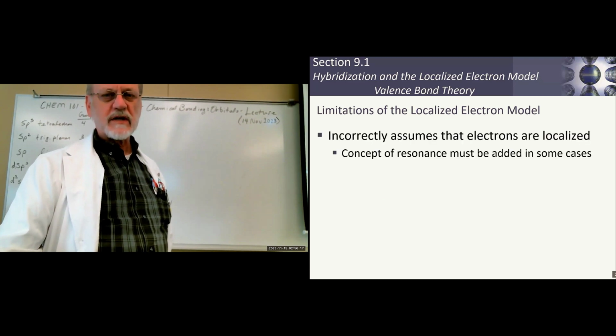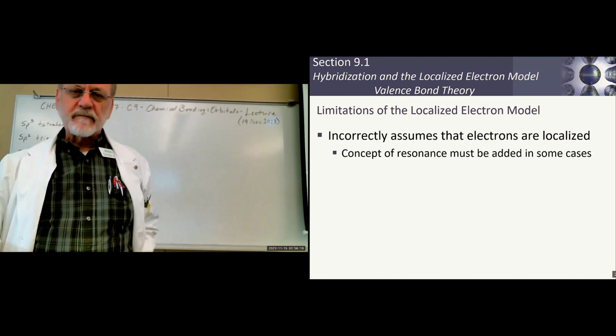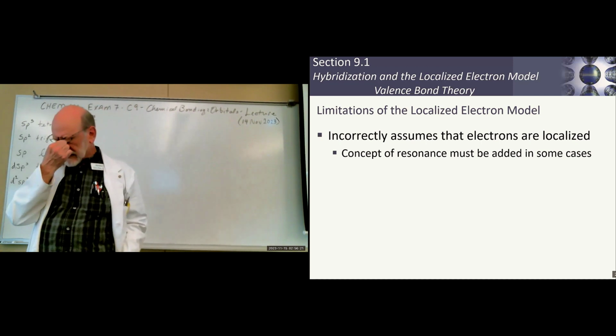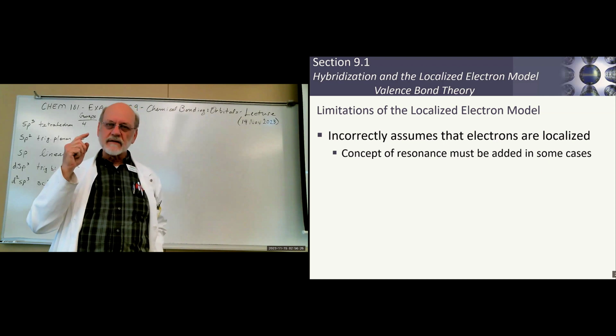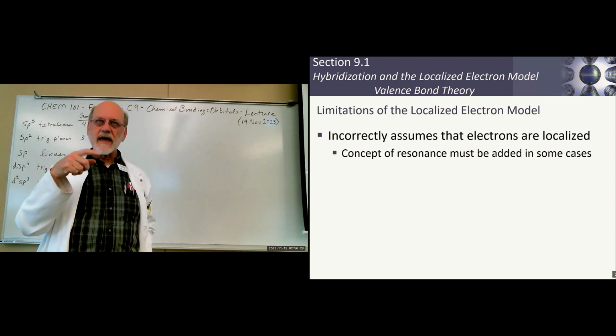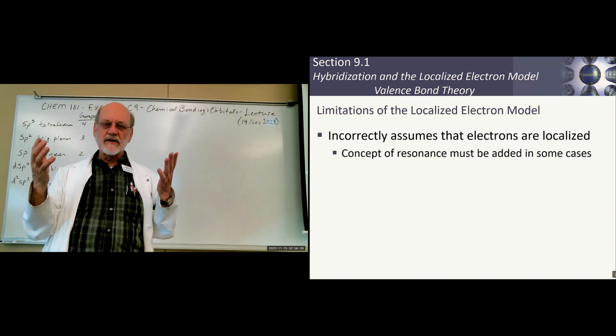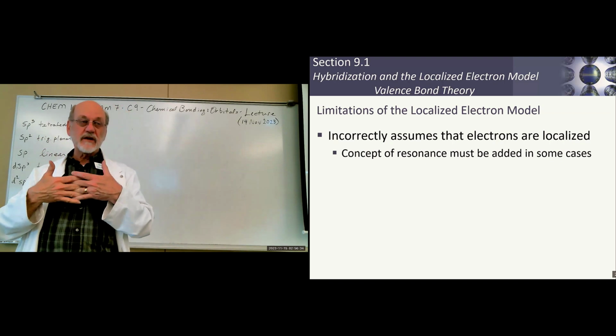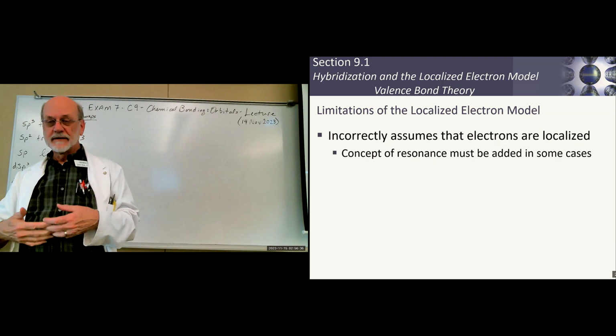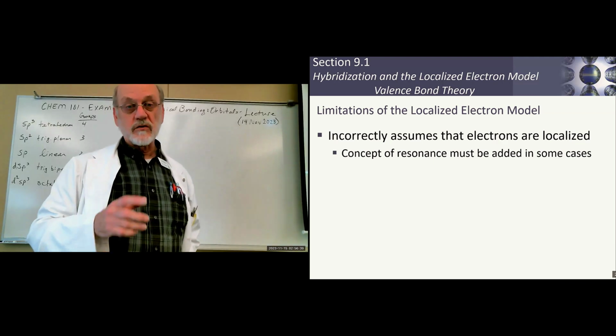All right, here are some of the limitations. The assumption in the localized electron model is that the electrons are localized on the atoms. And the only reason they form bonds is because they share orbital space. But the electrons still belong to each atom. That's one of the major drawbacks.